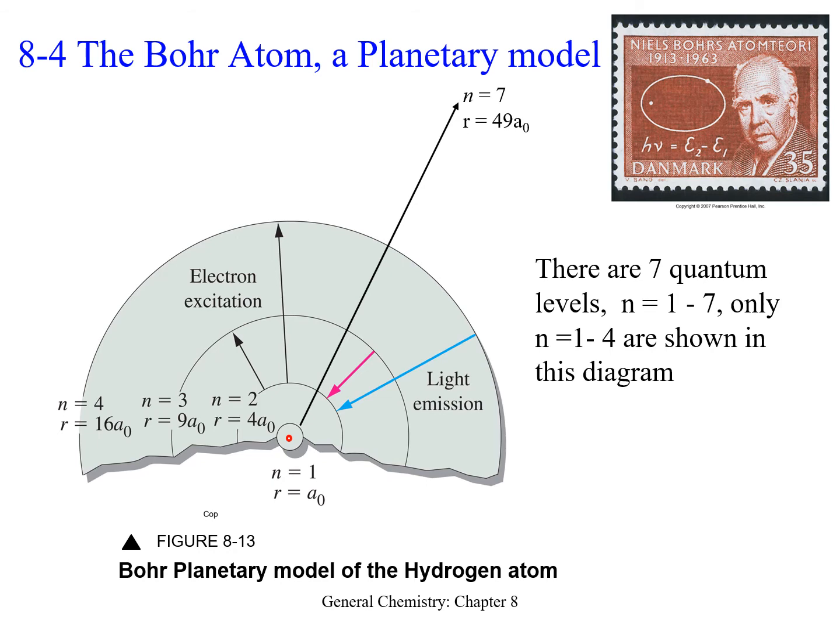And so when the hydrogen atom's electron is promoted, it can go from the first energy level to the second, or the second to the third, or maybe the second to the fourth, and so on.